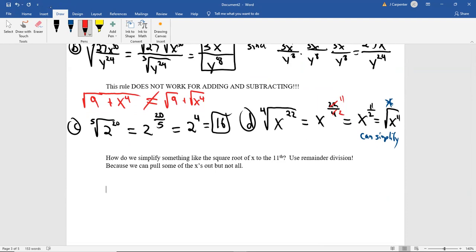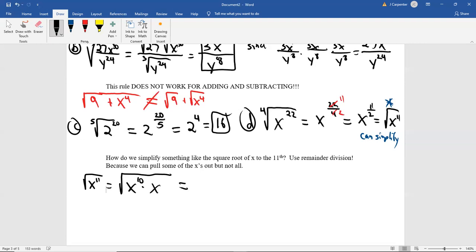I'll talk about the remainder division in a second, but here's the way you can break this down. That square root of x to the 11th, if you want to be super tedious, you can write this as the square root of x to the 10th times x. Now, how did I know that it was x to the 10th? From practice. Maybe I tried x to the 8th times x to the 3rd. Maybe I tried x to the 4th times x to the 7th. So there's lots of different combinations you could try. Spoilers, you always want the number that's going to work out to be as large as possible, but it gets tedious.